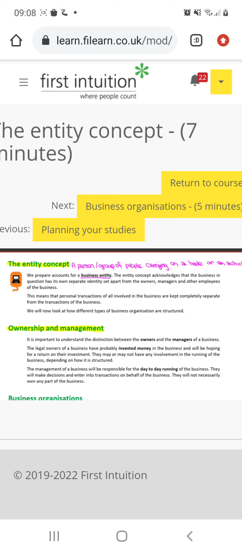The entity concept acknowledges that the business in question has its own separate identity apart from the owners. So we have the business entity's transactions, and completely separate from that, we record any personal transactions.